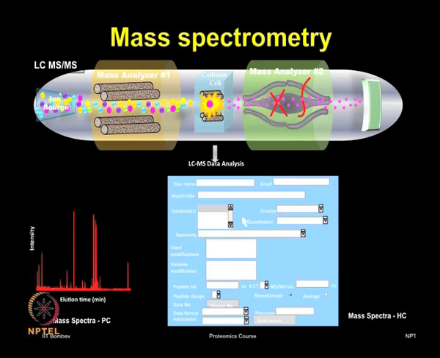Once the spots are analyzed and excised from the gels, then you follow the same tradition. You can use any of the mass spectrometry platforms and then obtain the MS spectra for further analysis using different types of bioinformatic tools such as MASCOT.